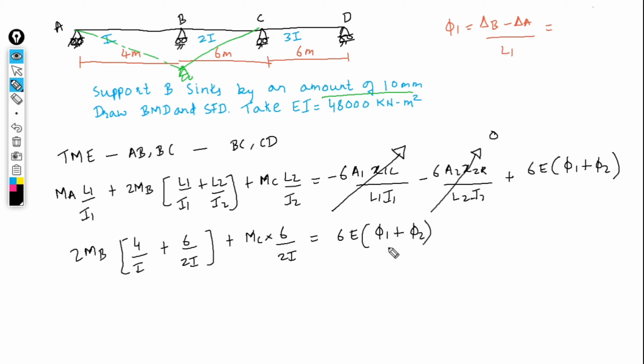Now phi1 and phi2 can be calculated by this formula, which we have discussed. Phi1 is equal to delta B minus delta A divided by L1.